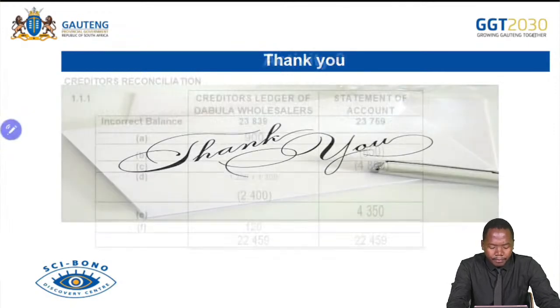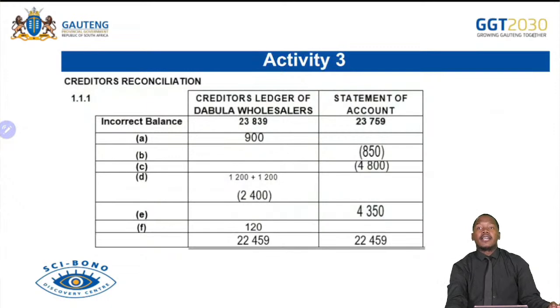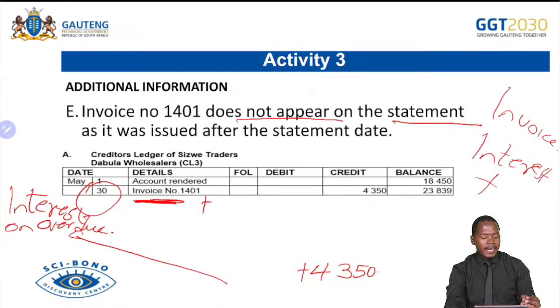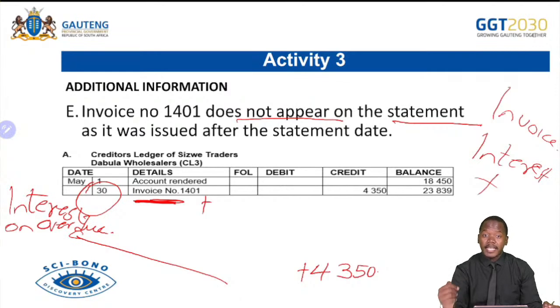Now, grade 12s, I just want to go back to our catch up. If you will remember well, we had our invoices, our interest. We say we add them together. If we go back again, we had our returns and payments. We also subtract. Returns and payments, we subtract. Grade 12, I hope you are noting this down. Invoices and interest, we add.